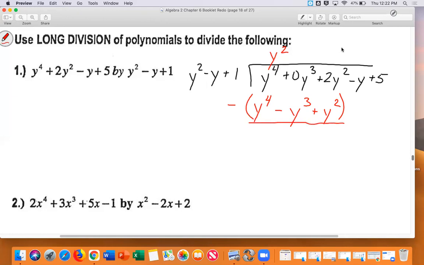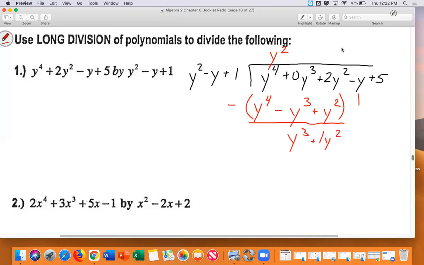Now, y to the fourth minus y to the fourth, they cancel. 0, right? That's what I want. Y cubed, or 0y cubed, minus negative y cubed. That is y cubed. You guys see that? 2y squared minus 1y squared is 1y squared.